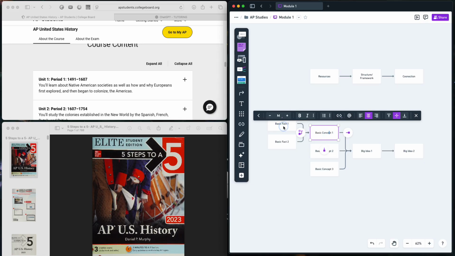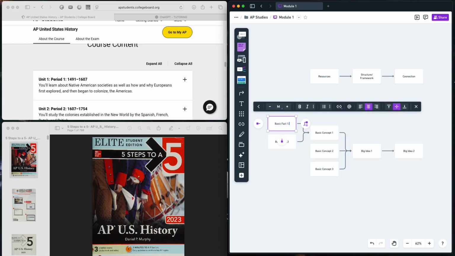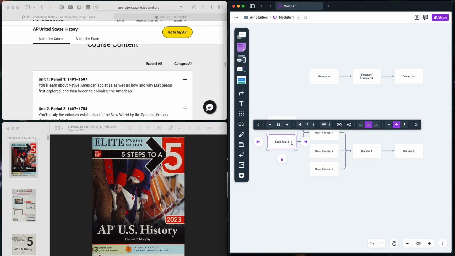So, for example, in our basic fact one, I said Christopher Columbus sailed the seas in 1492. All right, and then Christopher Columbus thought of going to India, right? The other way around.